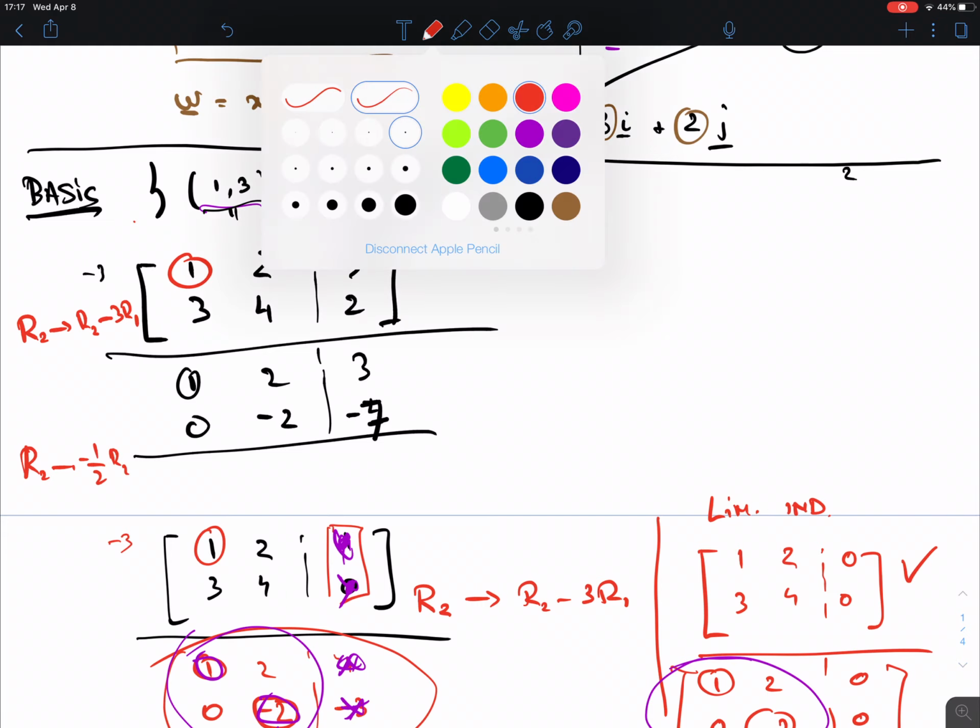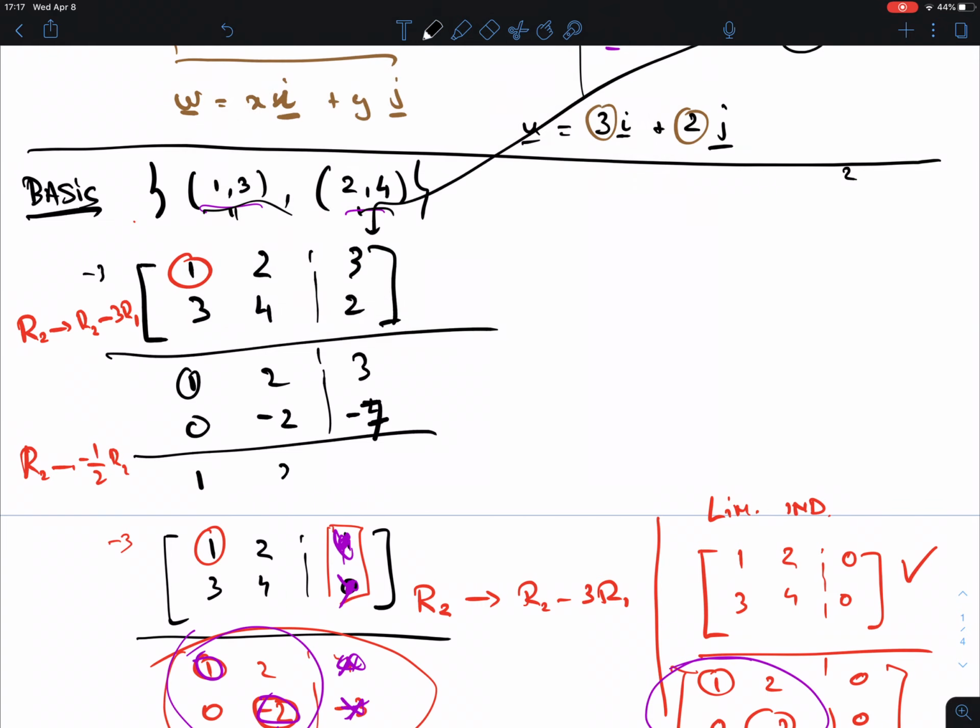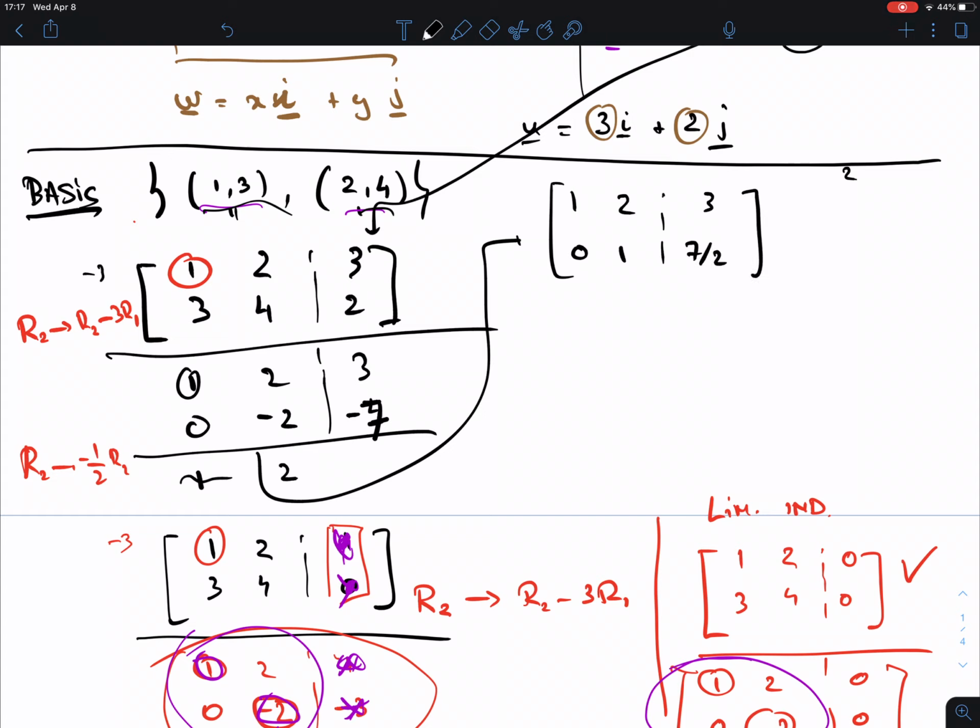So then the result will be 1, 2, and 3, and here we have 0, 1, and 7 halves. So divide by negative 2. So that's the echelon form, but not the reduced.